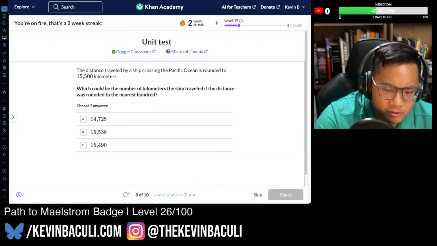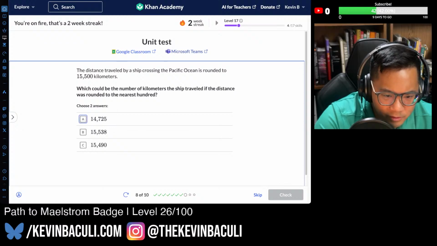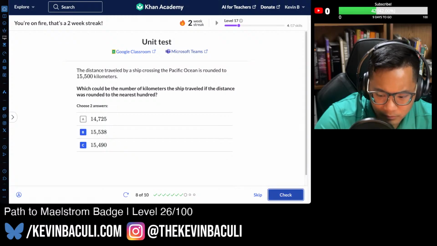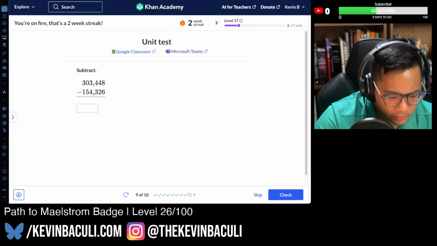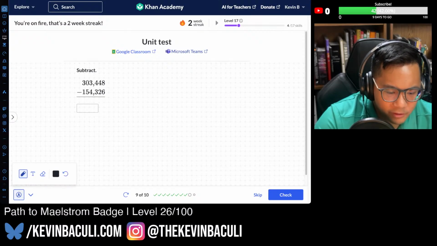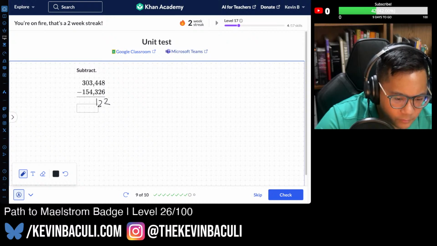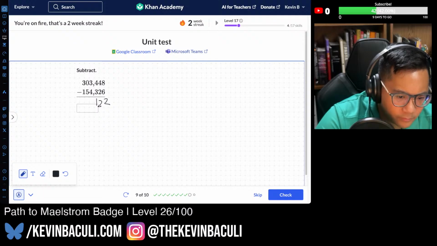Distance traveled by a ship crossing the Pacific Ocean is rounded to what could be the two numbers. Just 100, that one and that one. Believe it or not, these are taking the most time.